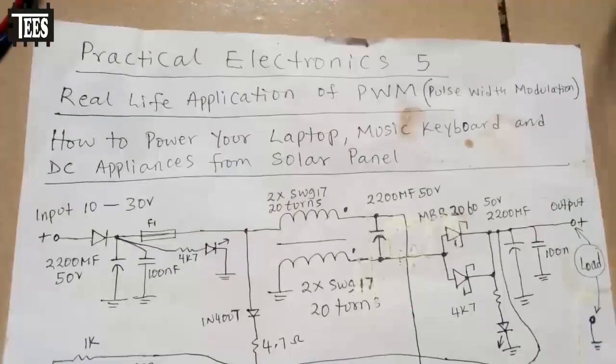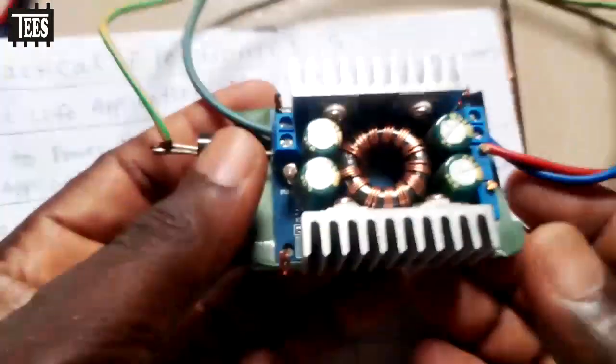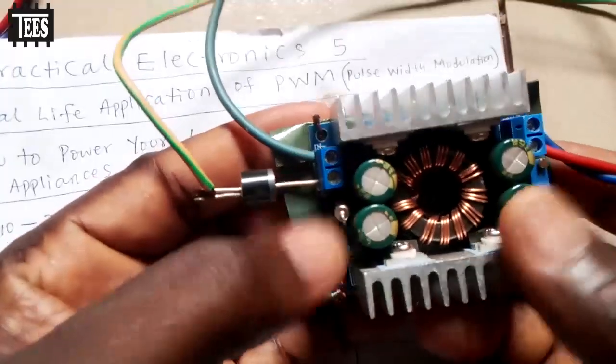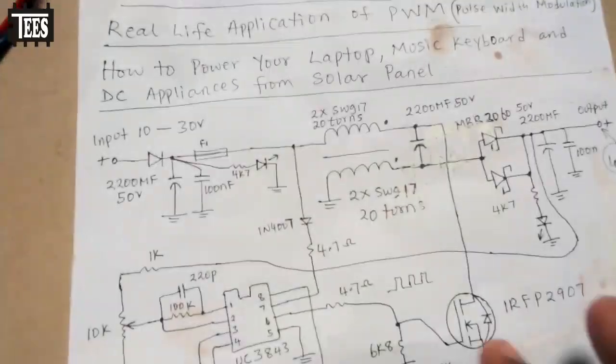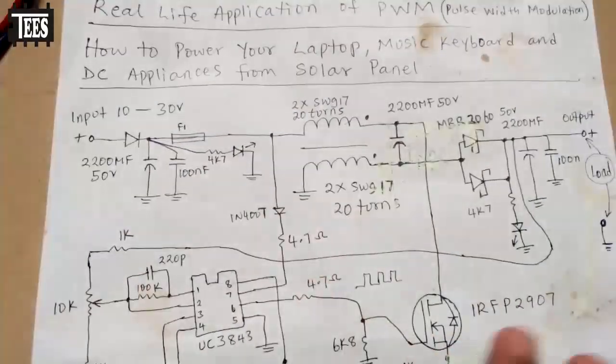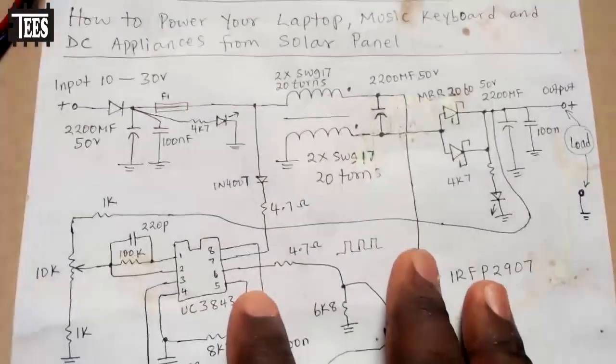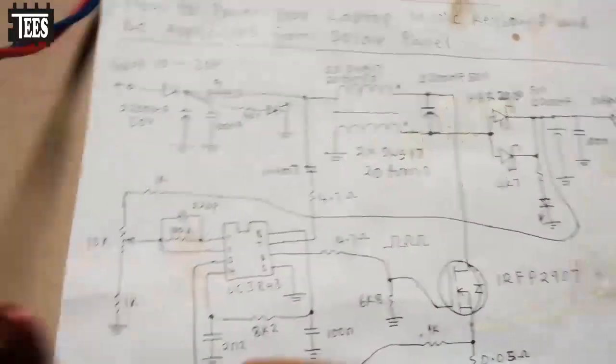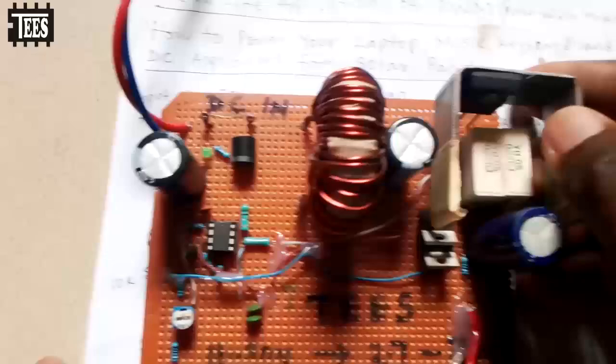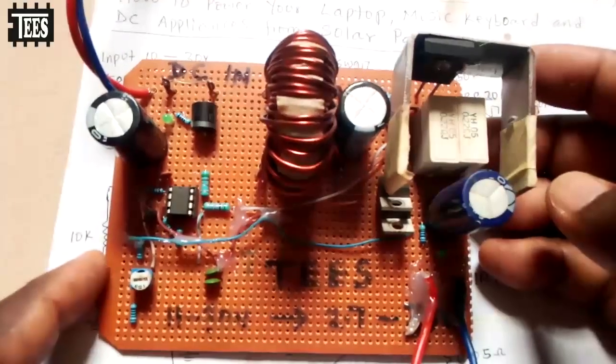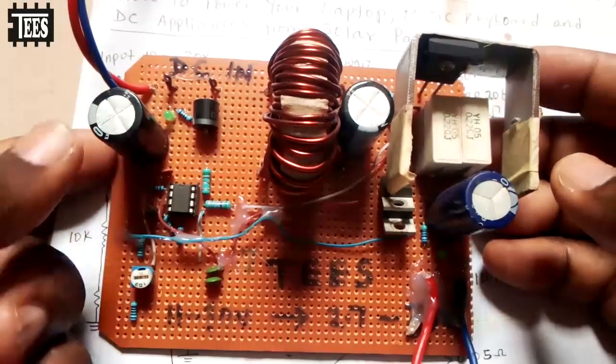And I made mention I'm going to construct this, which is what you are seeing here, the circuit diagram, and this is the constructed device. So this is a buck boost converter.